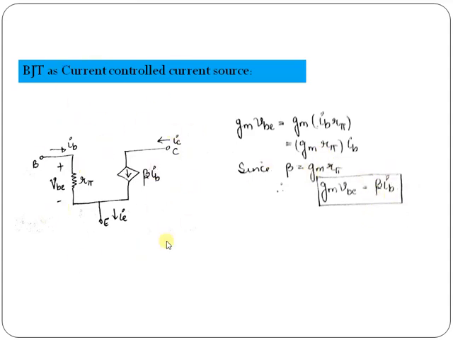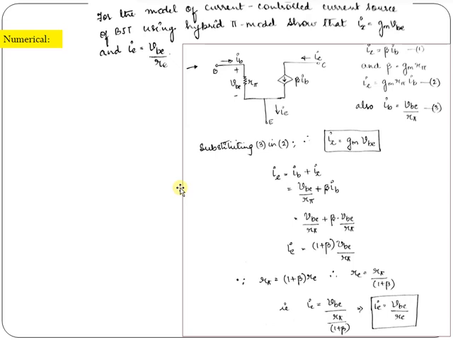Lastly, we will see how we obtain the two equations for the model of this current controlled current source of the BJT using the hybrid pi model. We will try to show that IC is equal to GM into VBE and IE is equal to VBE divided by RE.